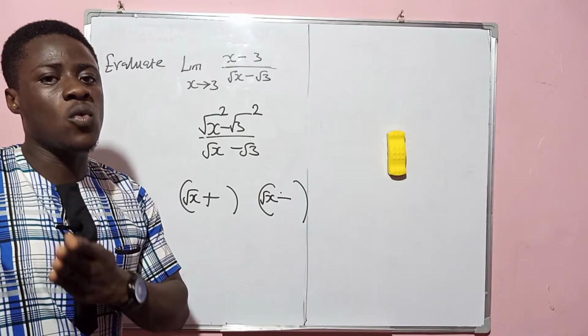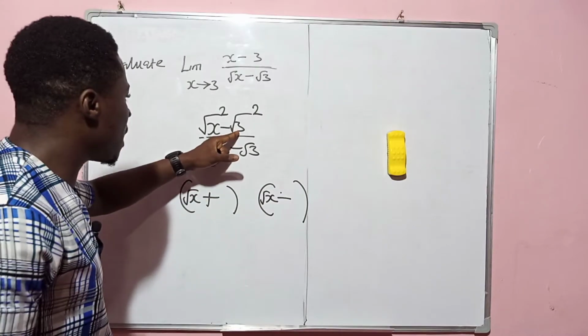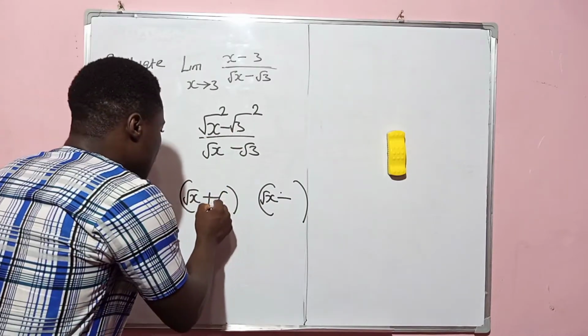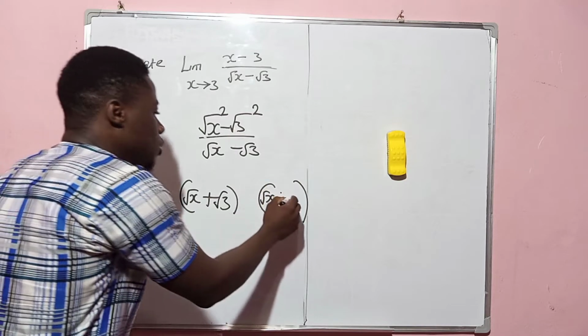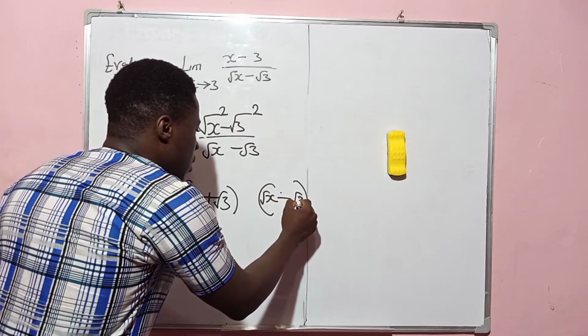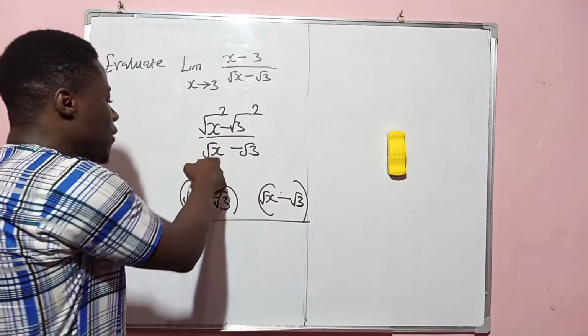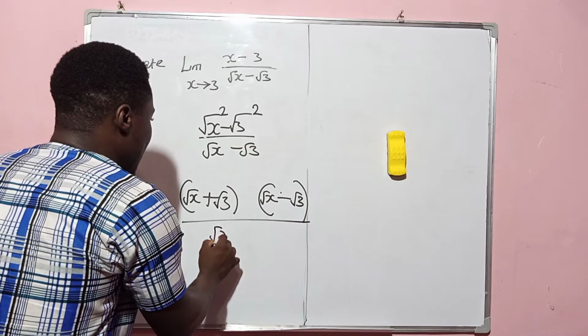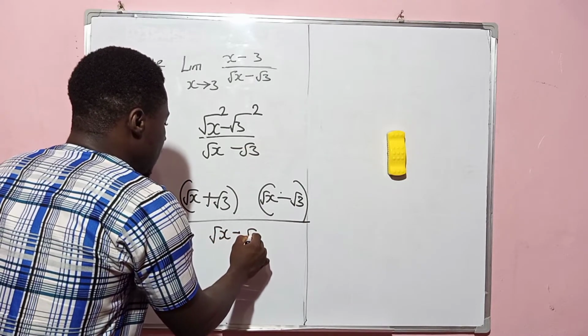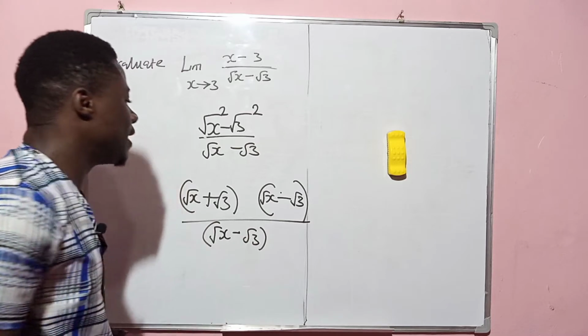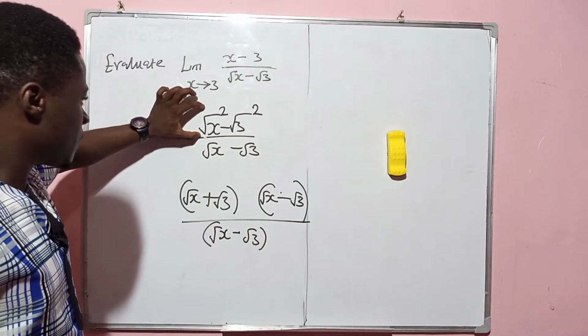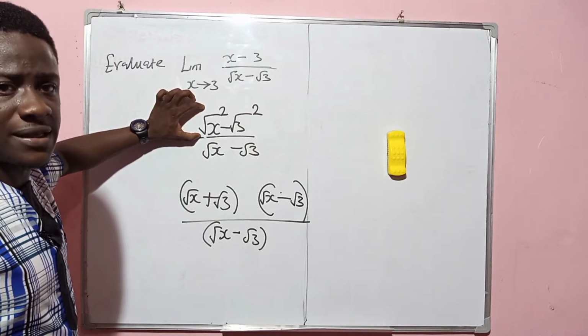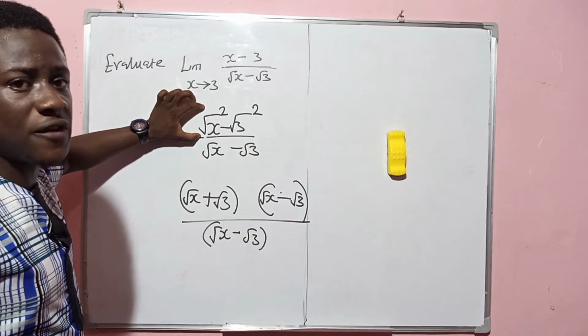Then square root of 3 can be here because its square is 3, and I can have it here as well. All this over square root of x minus square root of 3. You can see I have factorized this using difference of two squares.